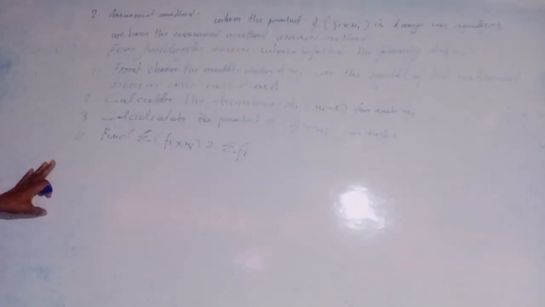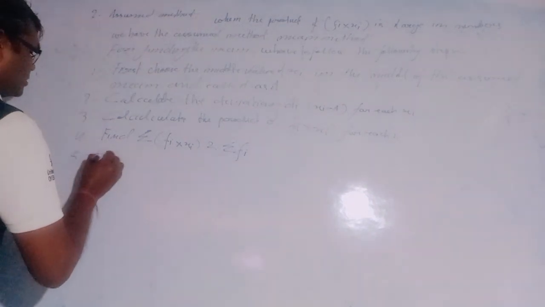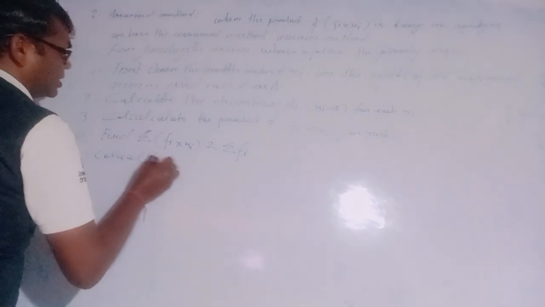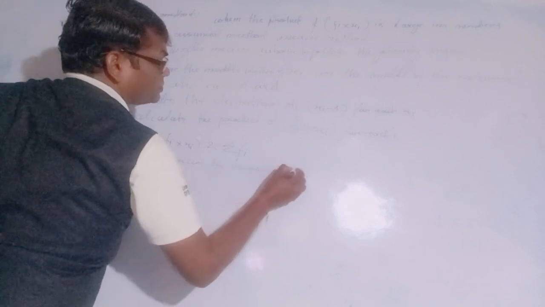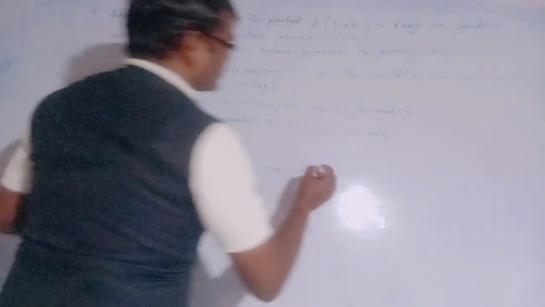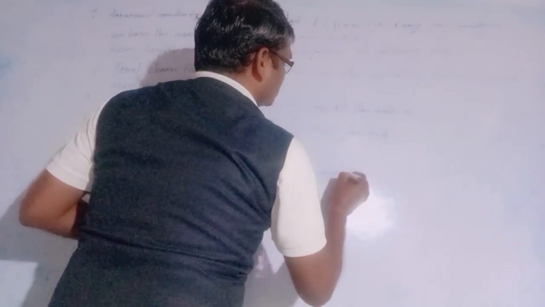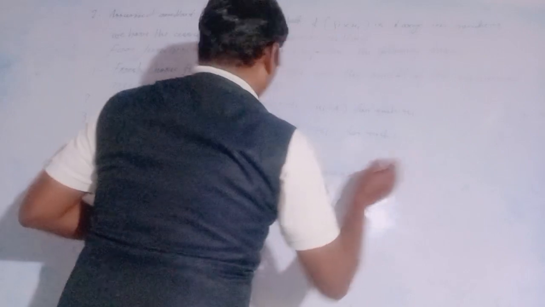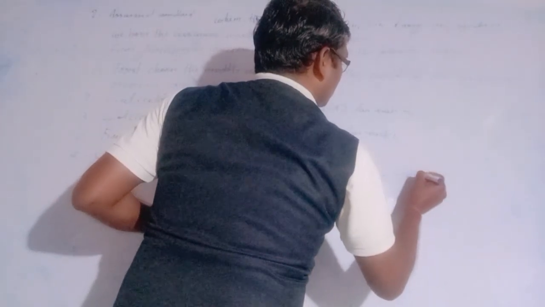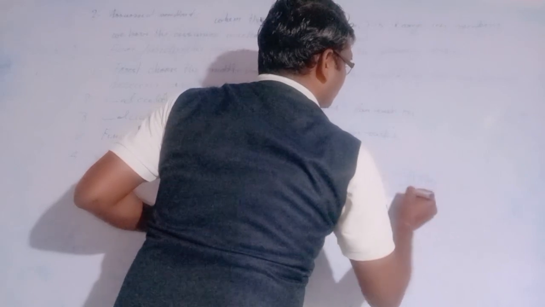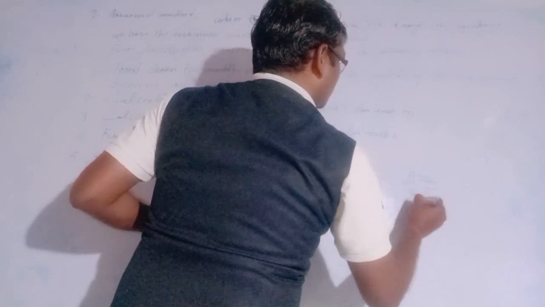And then fifth, calculate the mean by using the formula: mean is equal to summation fi into xi upon summation fi.